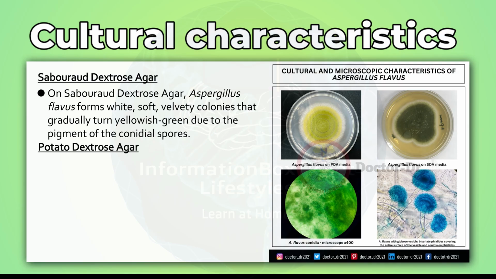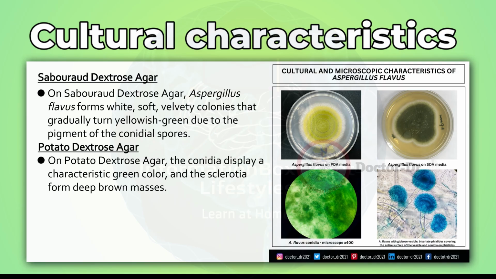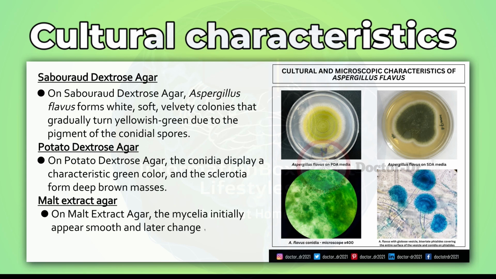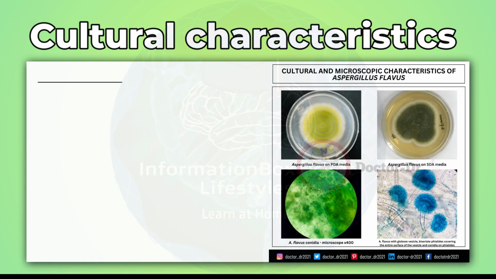Potato dextrose agar: on potato dextrose agar, the conidia display a characteristic green color, and the sclerotia form deep brown masses. Malt extract agar: on malt extract agar, the mycelia initially appear smooth and later change to olive green, with sclerotia that are colorless.